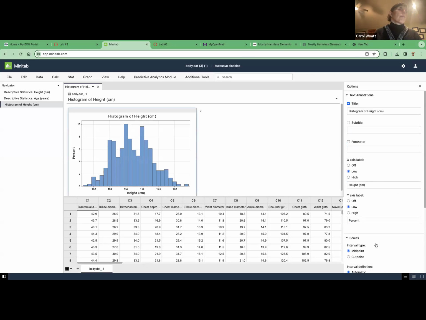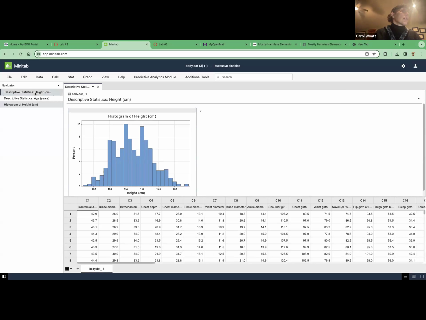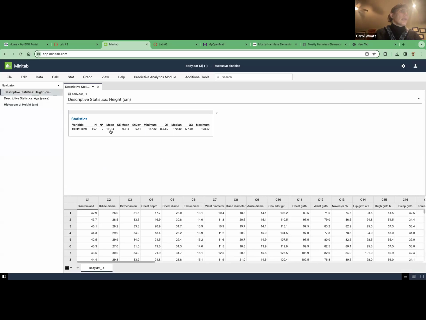Here we go. If I look at my descriptive statistics for heights, the mean is 171. My standard deviation is 9.4, so I'm just going to round to 9.5.